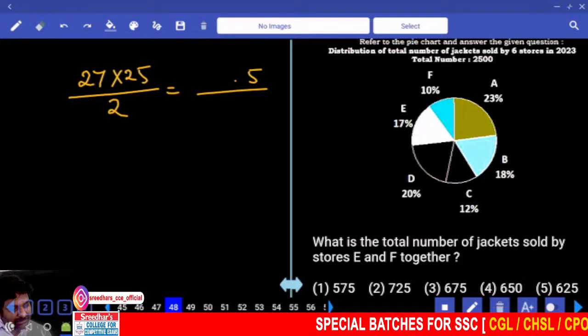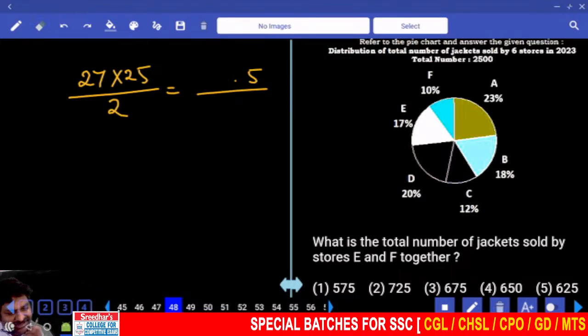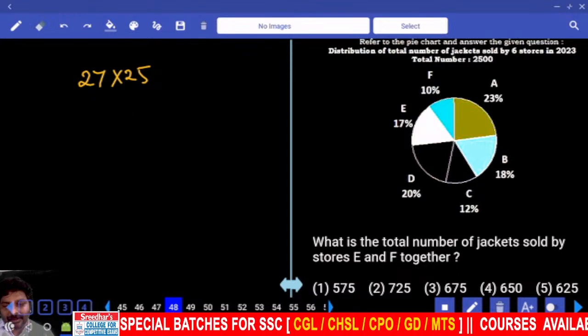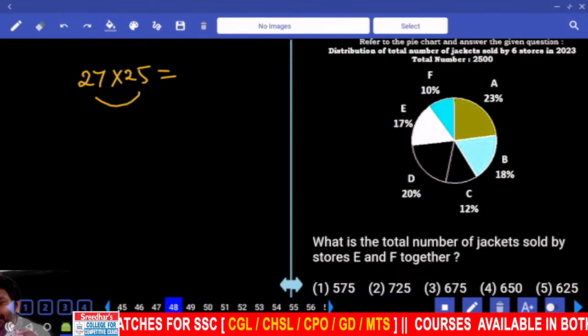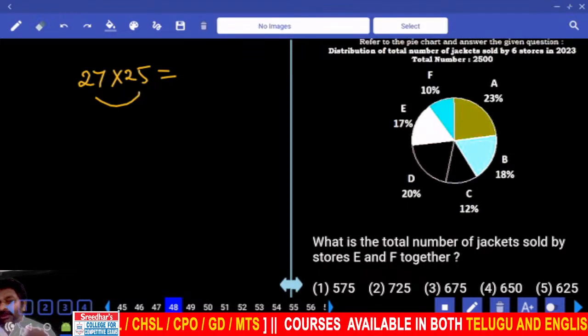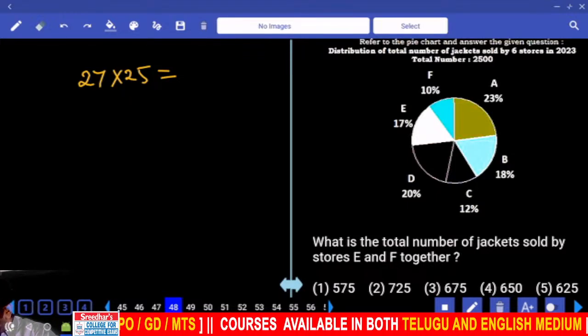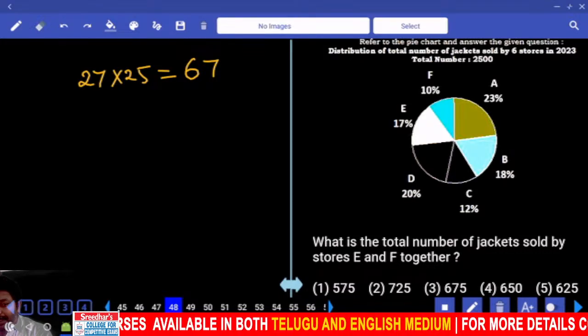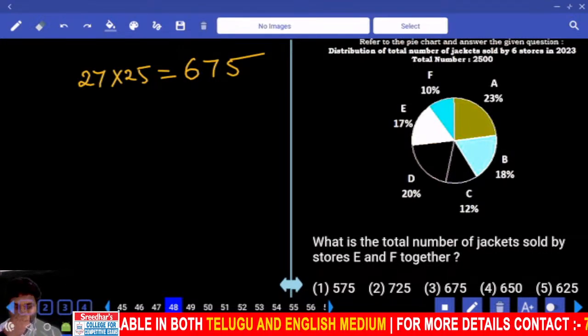How many options? Average and total? Total, okay. Done. Product of consecutive odd numbers is middle number square minus 1. What is the middle number? 26. 26 square, 676 minus 1. Done.